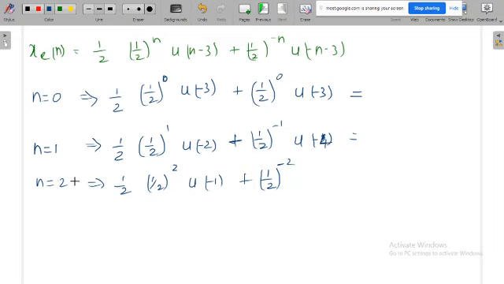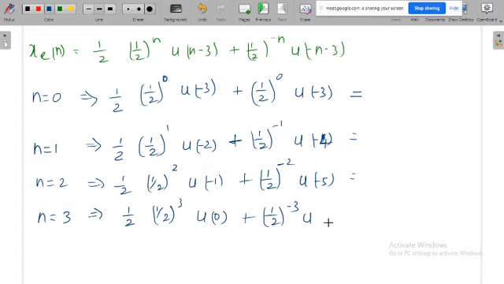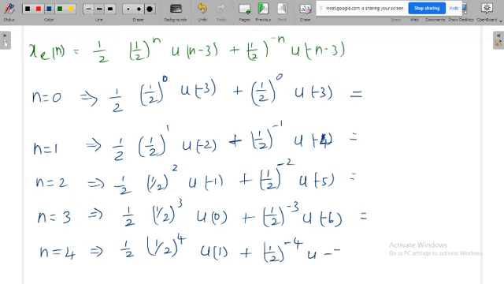Again when you put n is equal to 2, u of minus 5. Again when n is equal to 3, (1/2)^3 u[0], (1/2)^(-3) u[-6]. When you put n is equal to 4, (1/2)^4 u[1] plus (1/2)^(-4) u[-7].